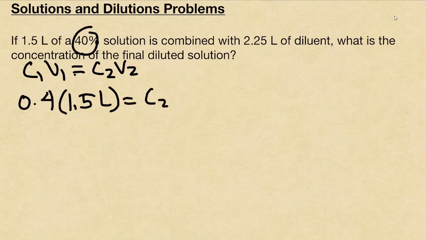Now here's where some people make a little bit of a mistake. So it doesn't look like they gave me a final volume, but they did. You actually have to do just a little extra math. So you're going to take that 1.5, and 2.25 over here, and let's add them up.